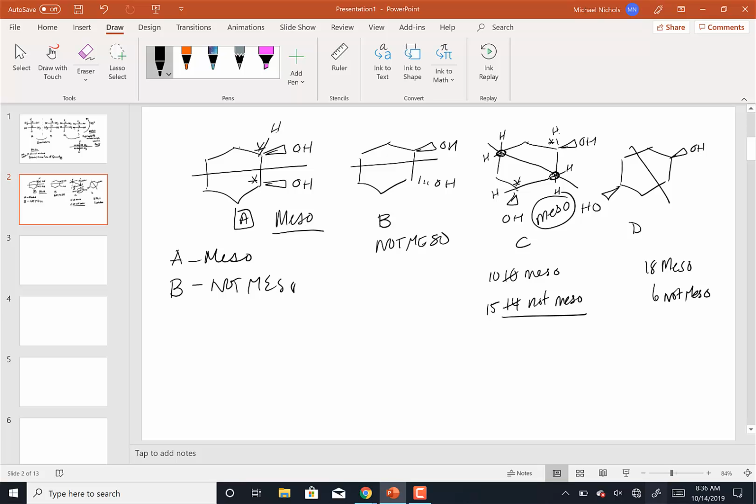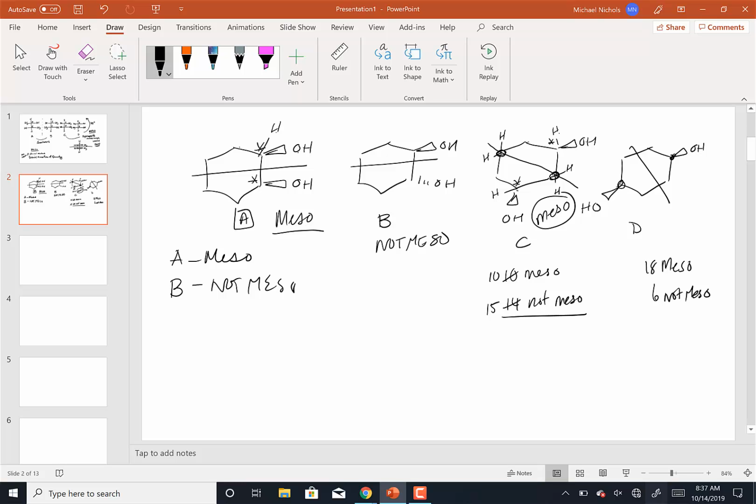Is there another mirror plane? Yes or no? Yes? How do you want to draw it? Like an X. Where do you want the mirror plane to go? You want it to go through these two carbons?